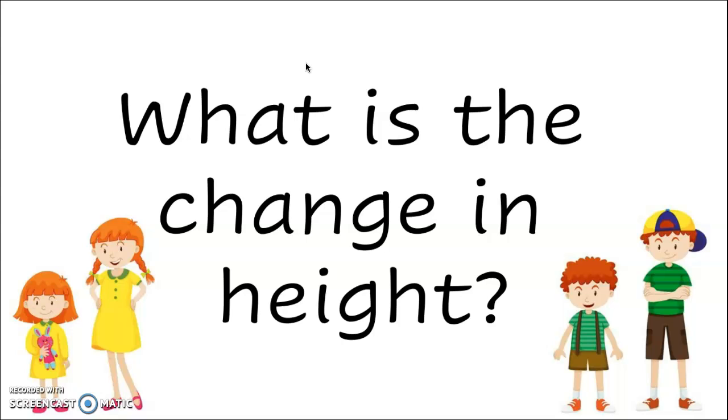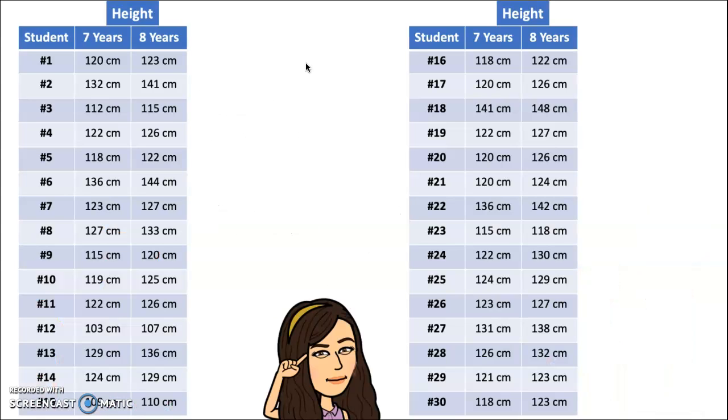Okay, so we are going to try and figure out what the change is from when students were 7 years old to now that they are 8 years old. How much taller did they get? So let's look at that table again. If we are looking at student number 1, we said that he was 120 centimeters tall when he was 7 years old, and now that he's 8, he is 123 centimeters tall.